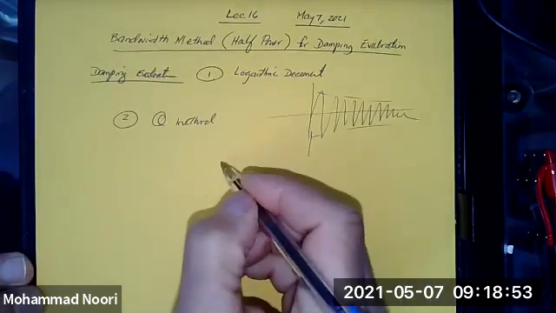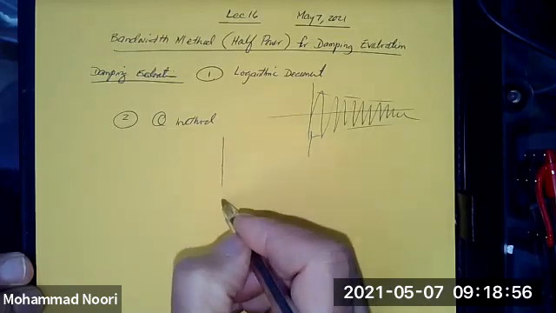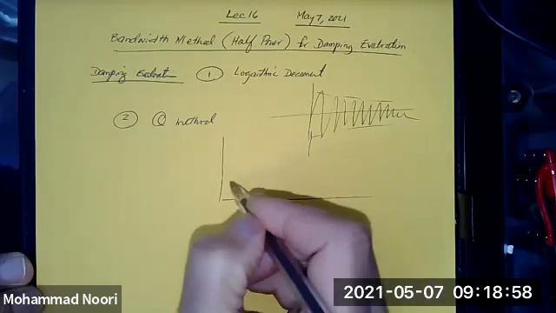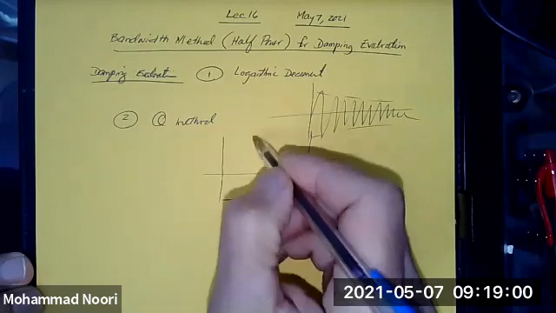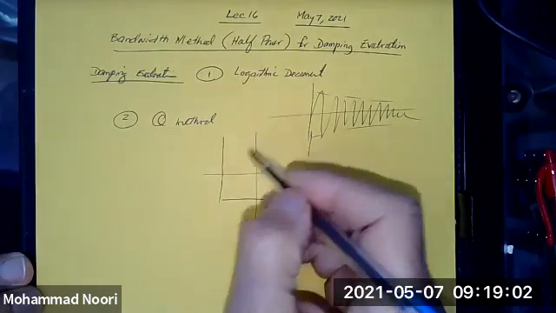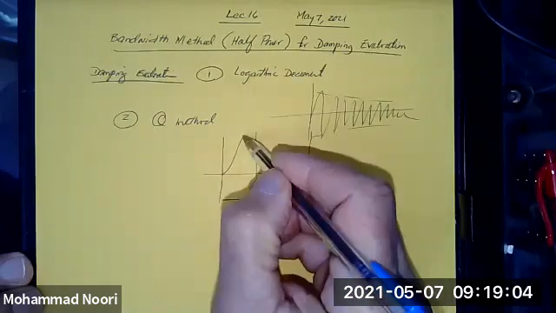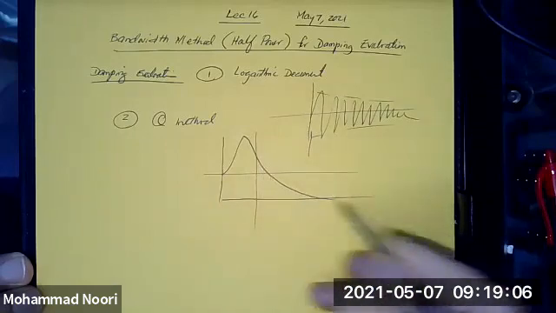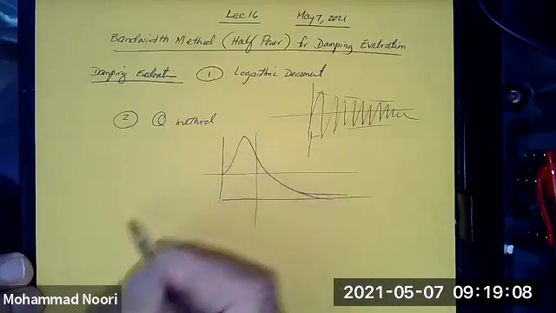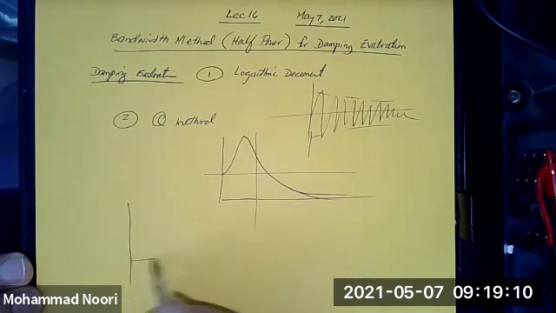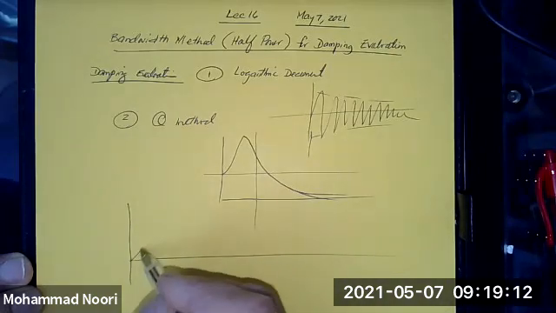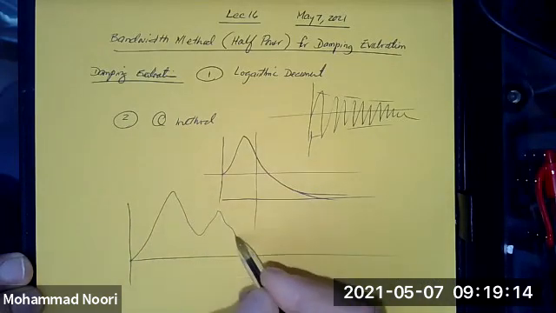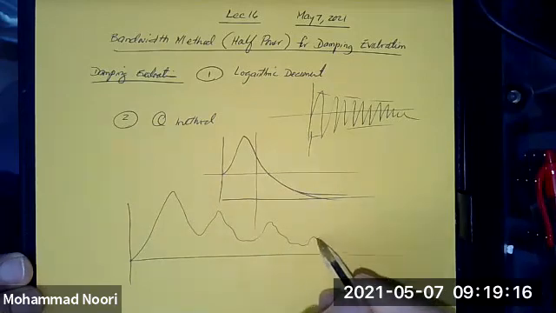We said that if you plot the frequency response function for a harmonically excited damped system, you get something like this. Or in the lab, of course, in the modal analysis, you plot the frequency response function, and it would be something like this.